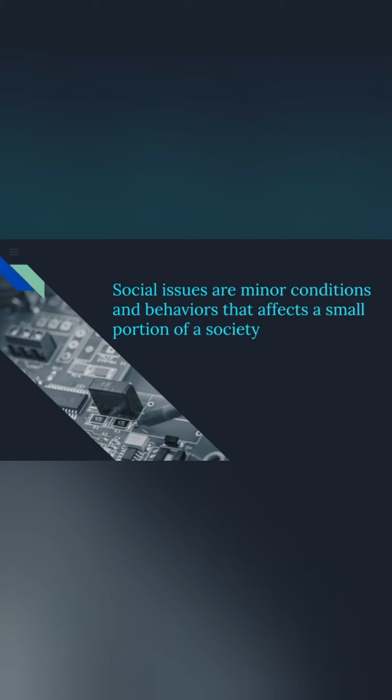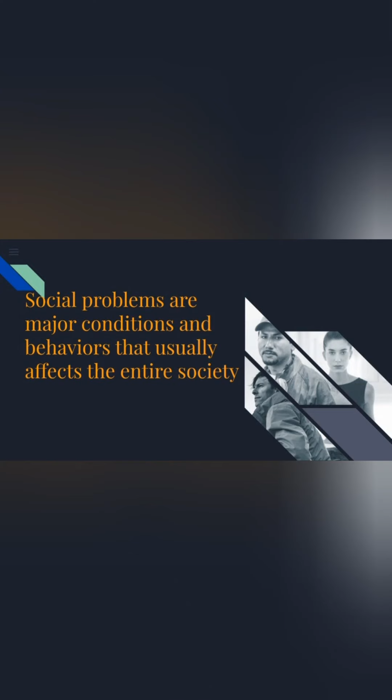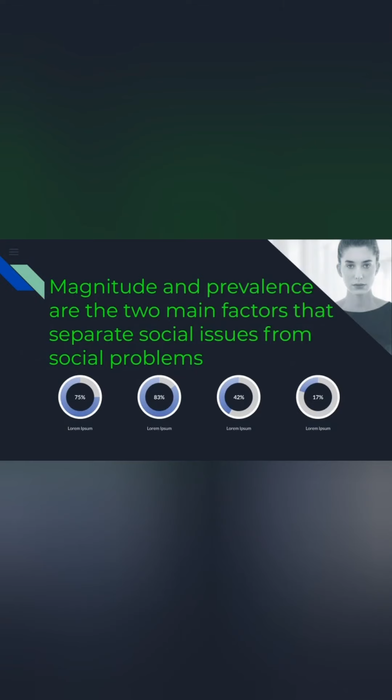A social issue is usually something minor, while social problems are usually major situations, major conditions and behaviors, right? Now, when I use the term minor, I'm not talking in terms of seriousness, but rather in terms of its magnitude and its prevalence.